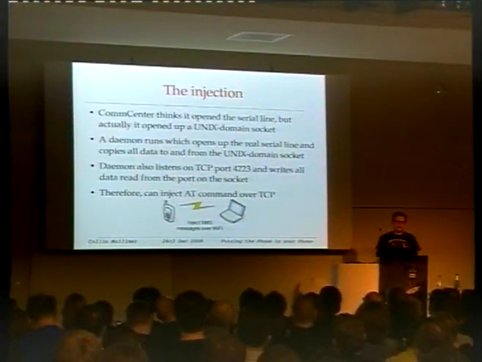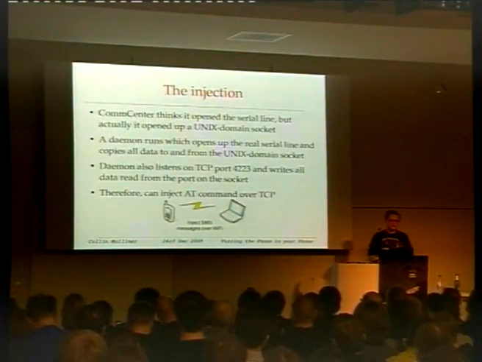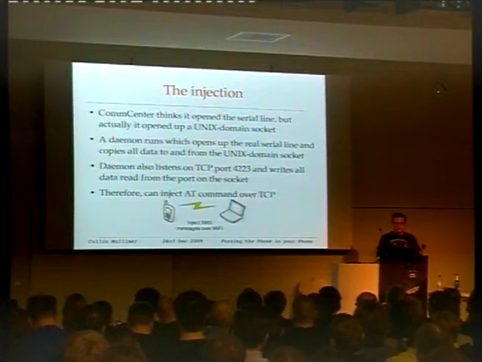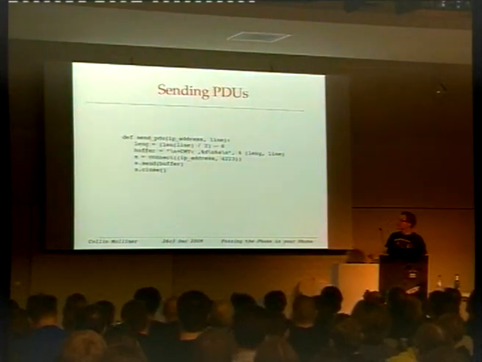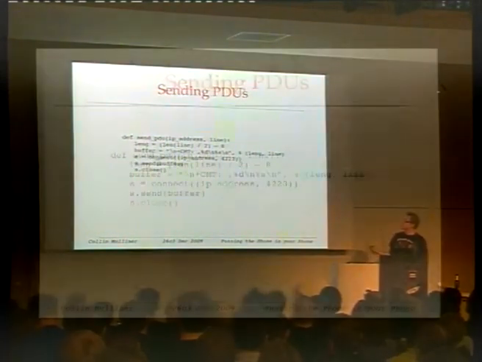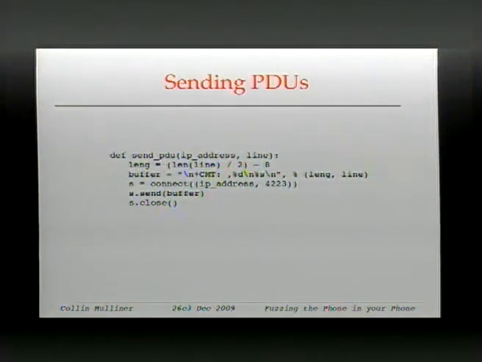The injector was actually stable enough that I could just have it running all day. The phone just continues to work as normal. So testing was actually pretty stable using this technique. To send a command, we just generate a PDU, throw it into 5 lines of Python code, and send some SMS to the phone.